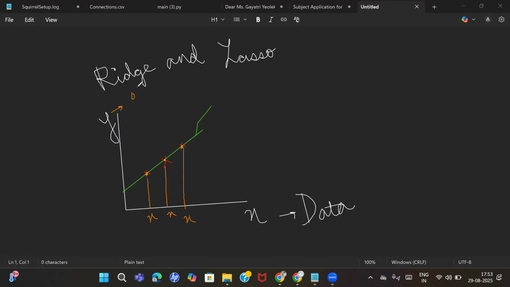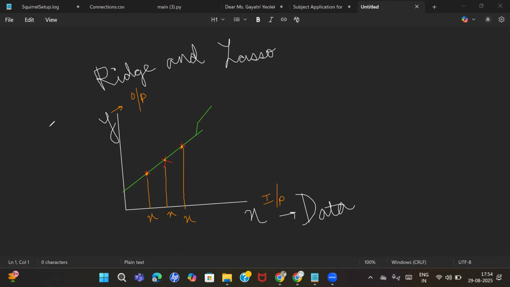My y is nothing but my output, and x is my input. We are predicting y upon x, with the help of the data points.